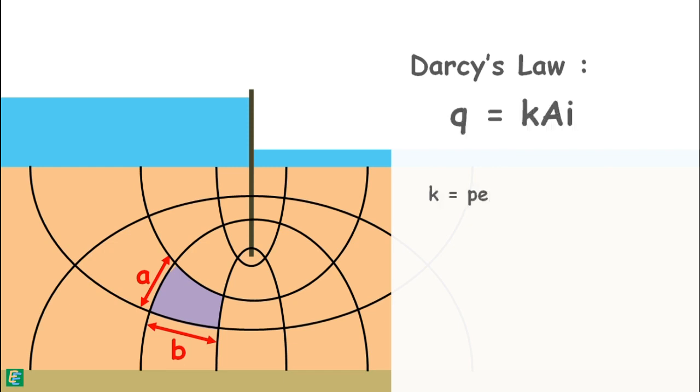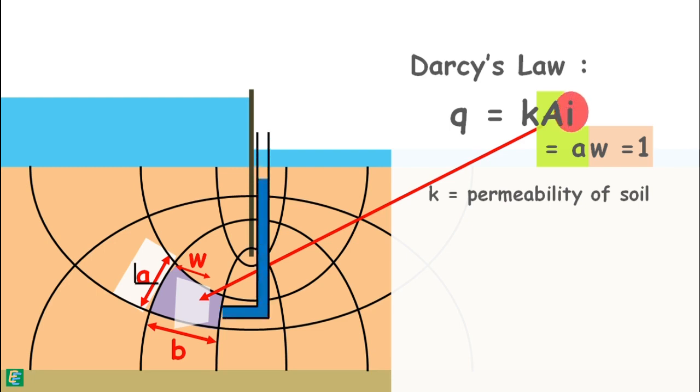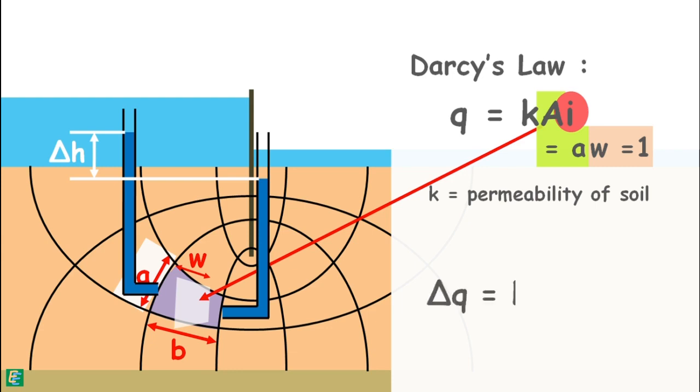Here, K is the permeability of the soil, A is the area of cross-section through which the water is flowing, which is the height of the flow field a multiplied by its width, say W. But it is generally taken as 1 meter. i is the hydraulic gradient, which is the head loss over the length of the flow field b, say delta H. So, discharge through this flow field can be written as this.